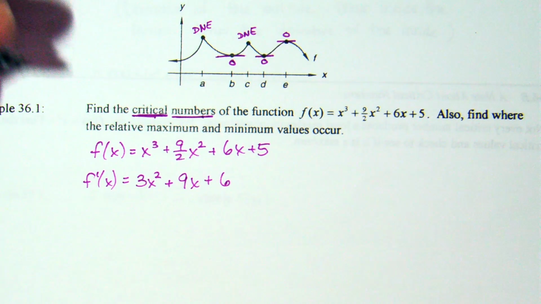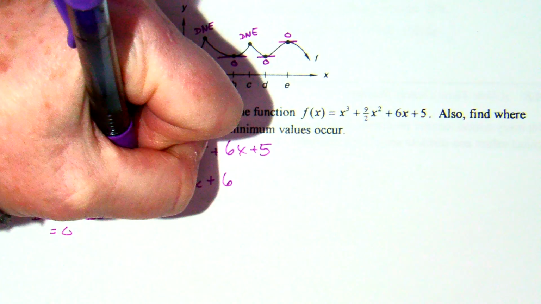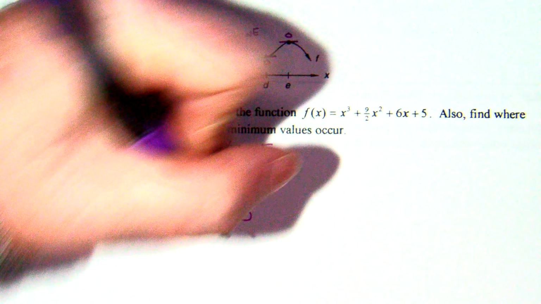So what do we do with this derivative? Set it equal to 0. So 3x squared plus 9x plus 6 equals 0.